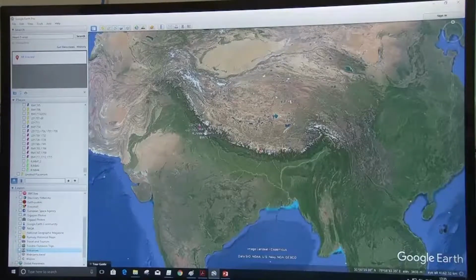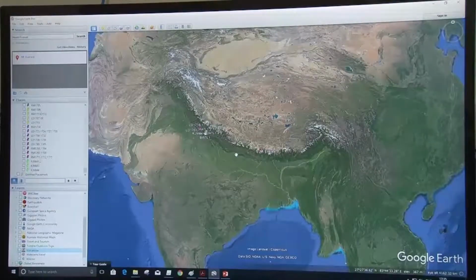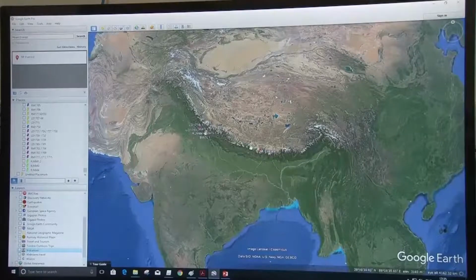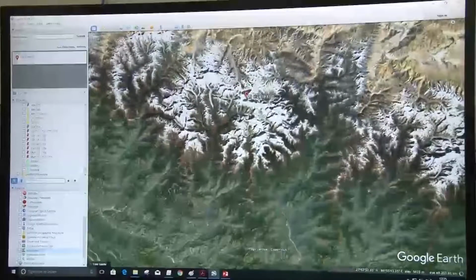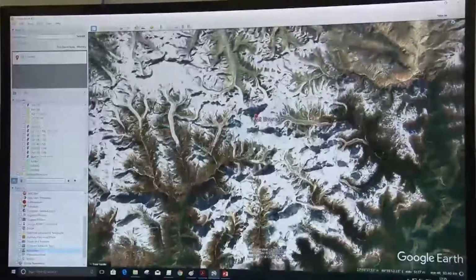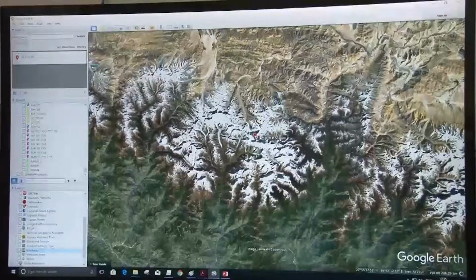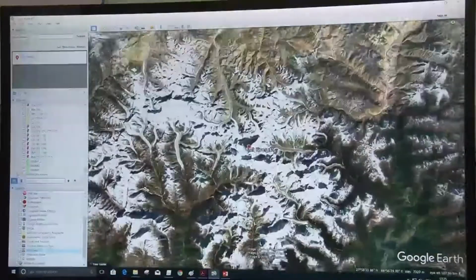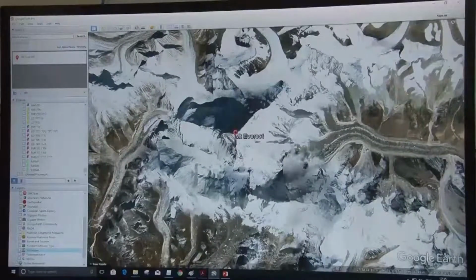Because it forms the highest region in the world, and the Mount Everest is the highest part, as you know well, and you can see here this part is showing the Mount Everest, and this whitish patch is nothing but the snow and ice. The mountains are covered by snow.